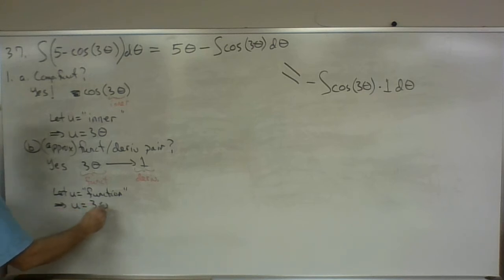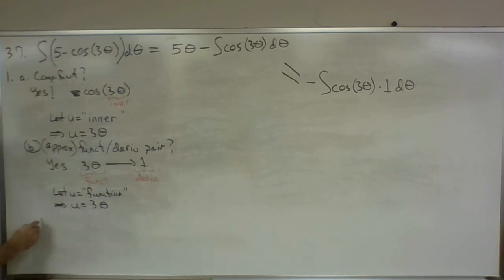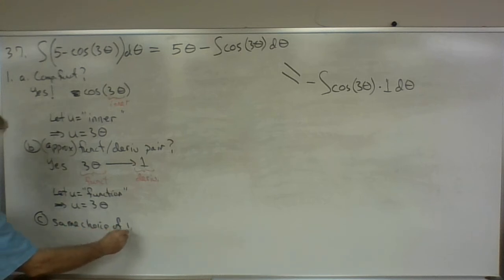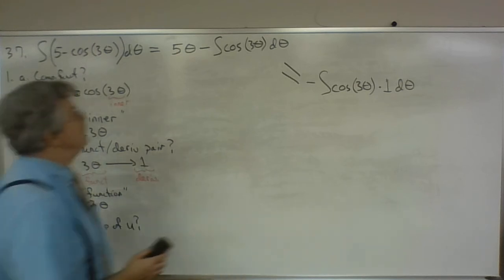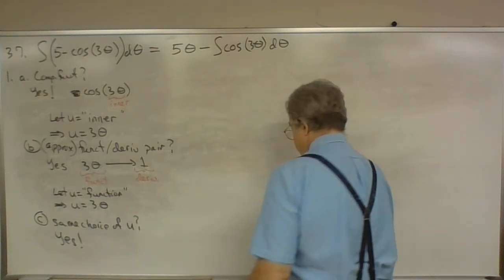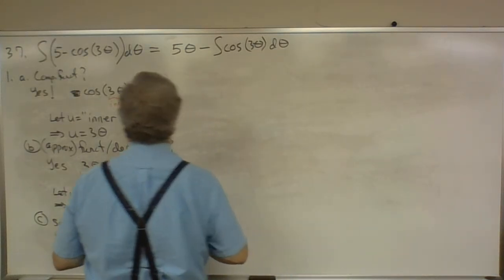So U equals 3 theta. And then finally, do criteria A and B suggest the same choice of U? U equals 3 theta, U equals 3 theta, yes. So we are definitely barking up the right tree here. Let's move on to part 2, compute du.